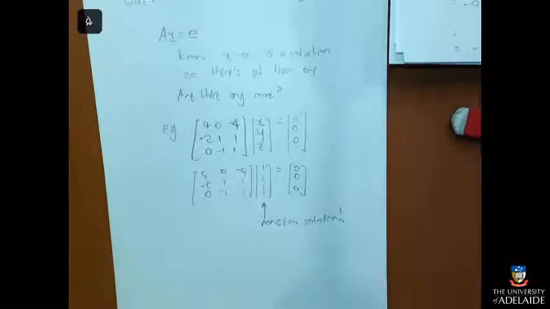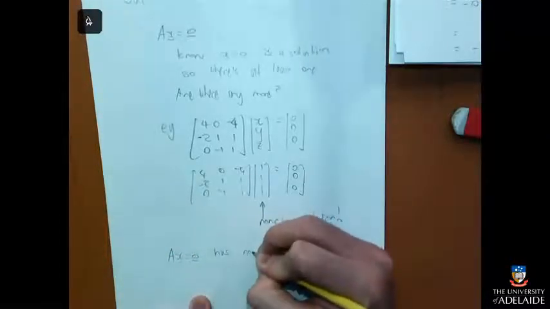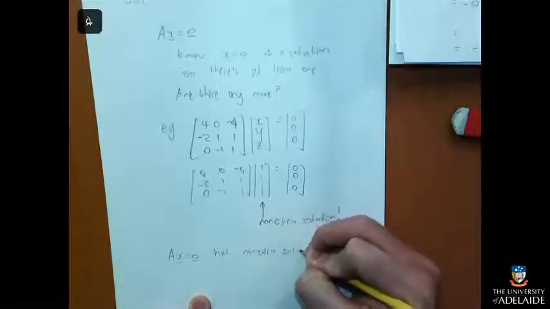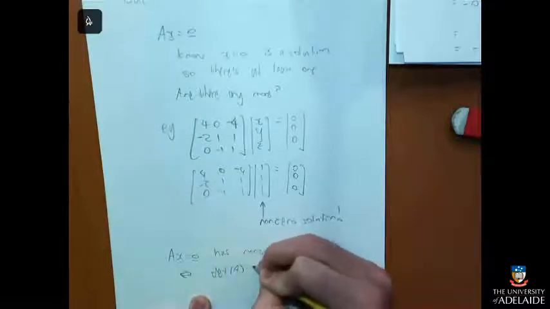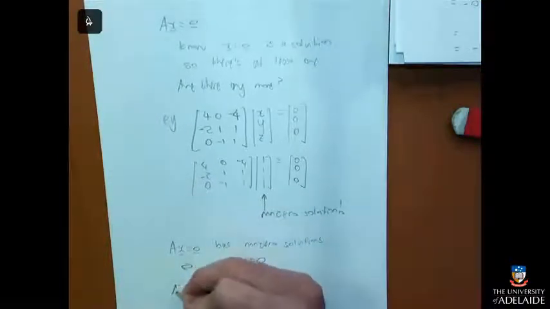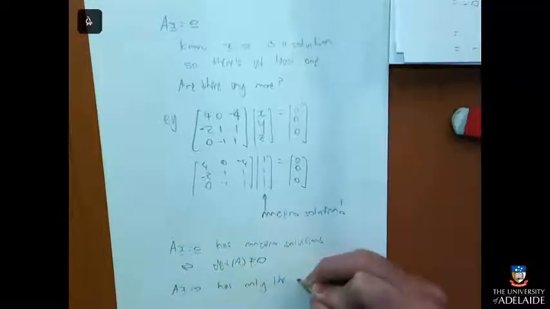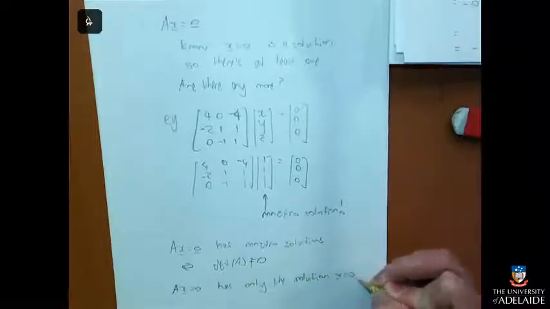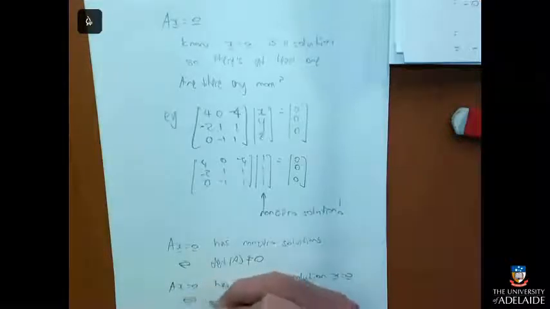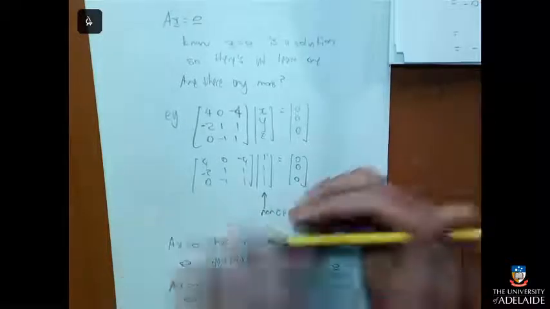So the question is, when are there non-zero solutions to Ax equals 0? And the answer is Ax equals 0 has non-zero solutions if and only if the determinant of A isn't 0. And Ax equals 0 has only the solution x equals 0, so a unique solution, if and only if the determinant of A, wrong way round.